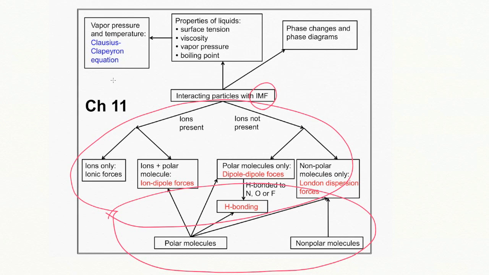Now the top part of this concept map, the properties of liquids, 4 of them: surface tension, viscosity, vapor pressure, and boiling point. I need you to know how intermolecular forces impact those properties. And based on the vapor pressure, we had this equation. Remember, we did the calculation to find out the vapor pressure at different temperatures. So this is an equation that you need to know.